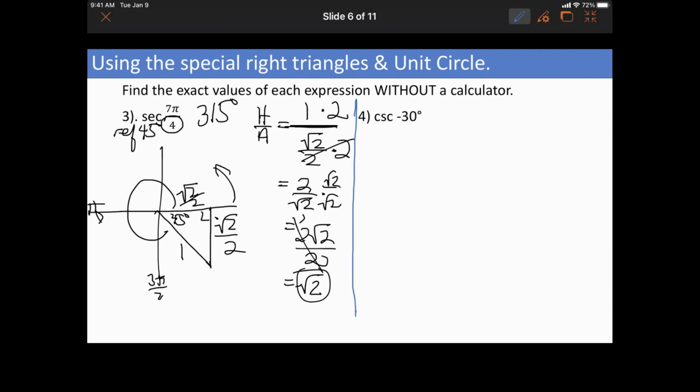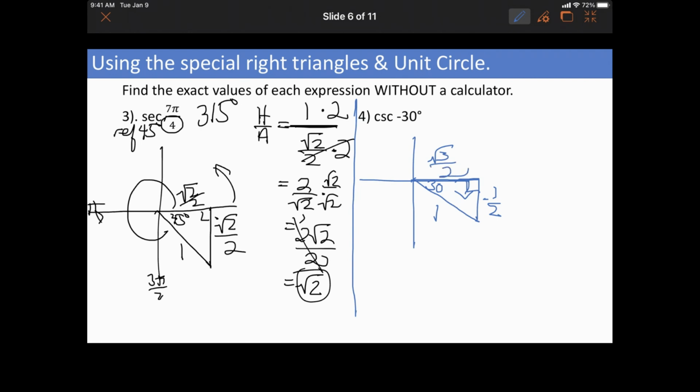All right, cosecant of negative 30. What quadrant is that? Okay, that's right. So we're going this way, so 30 is here. So our short leg is here, opposite. It's going to be negative half. Our long leg, along the x-axis, is root 3 over 2.